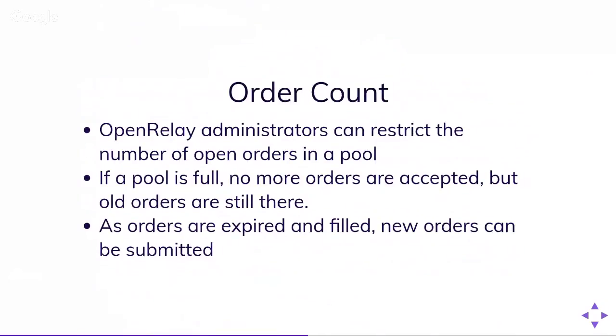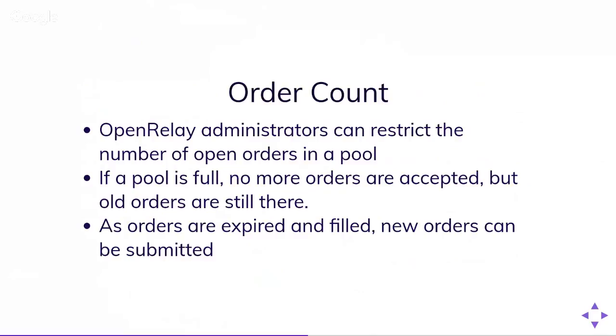Okay. The next thing that we're going to cover is the order count. OpenRelay administrators can restrict the number of open orders in a given pool. A pool is considered full when the number of open orders reaches the order limit on a pool, and no more orders will be accepted into that pool, but old orders are still there and will show up in that pool's order book.